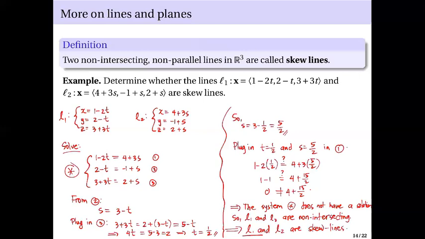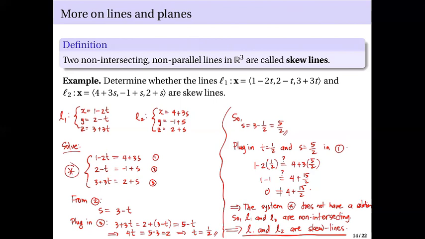Okay? So again, two things that you need to show. If you want to show that lines are skew lines, they must not be parallel and they must not be intersecting.